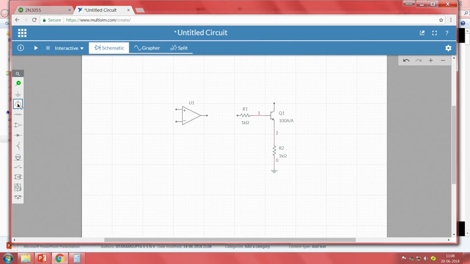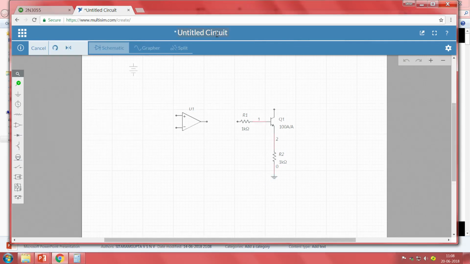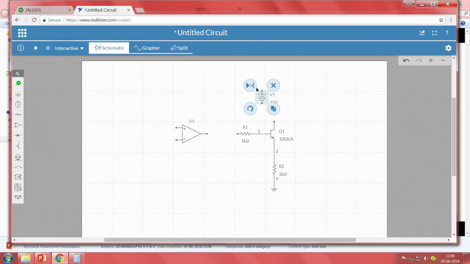I need a power supply, so I will go to the power supply, DC voltage, and connect it here. Since we are discussing 15 volts, let me change it to 15, and this is 180 ohms. What about this value? This is 0.1 ohm. The wattage that we have taken is higher, which is 10 watts.